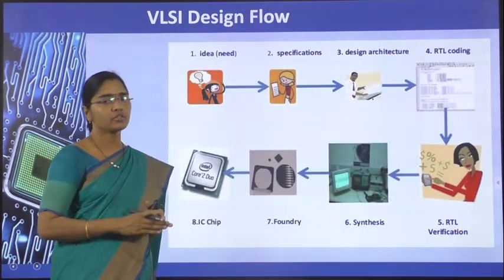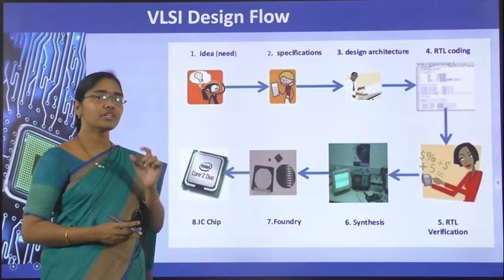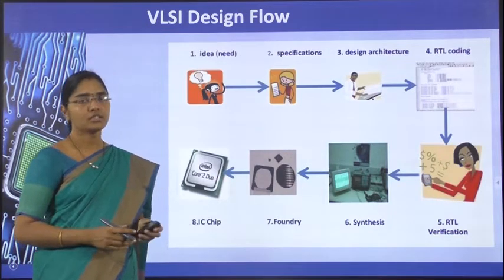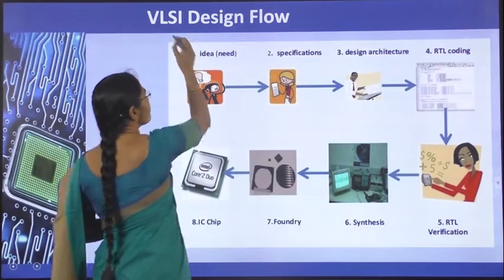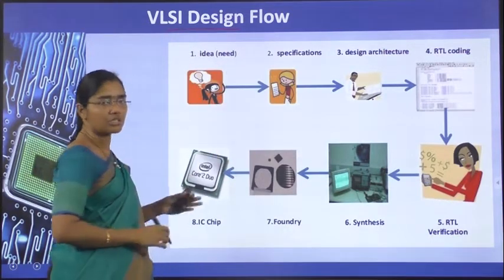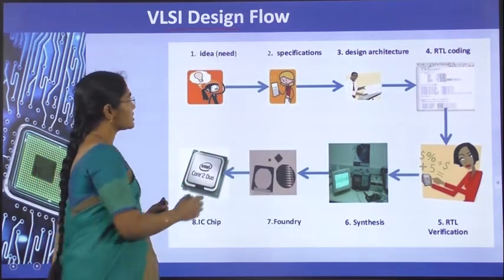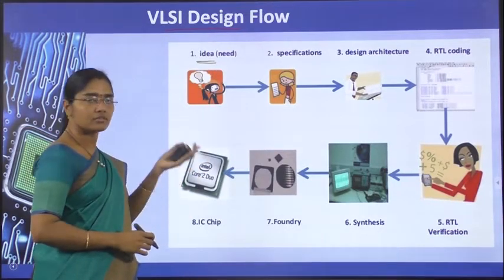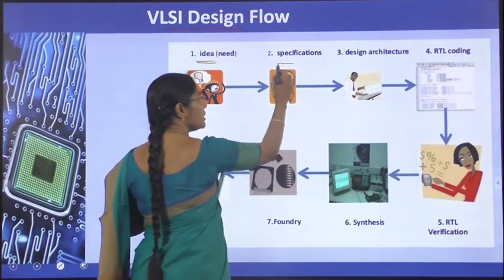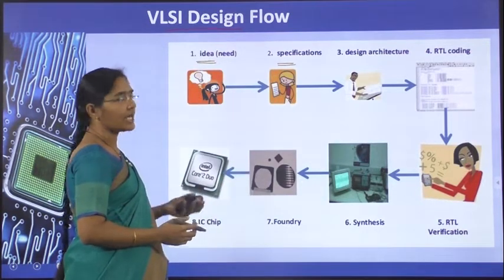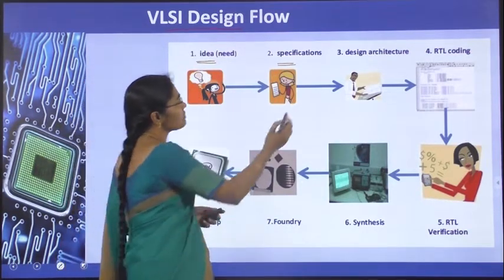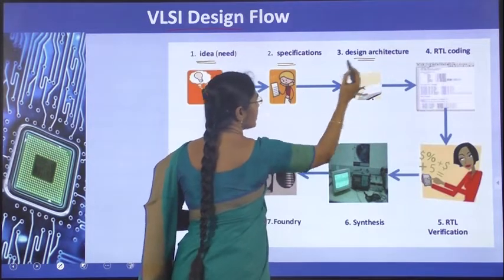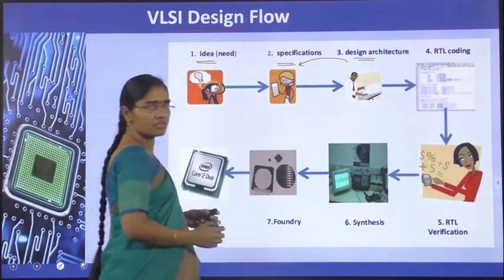Using all these three domains, one VLSI chip can be designed. So the VLSI design flow can be seen with the help of this figure. Starting from an idea, its specifications can be taken out, and architectures or circuits can be designed to meet these specifications.